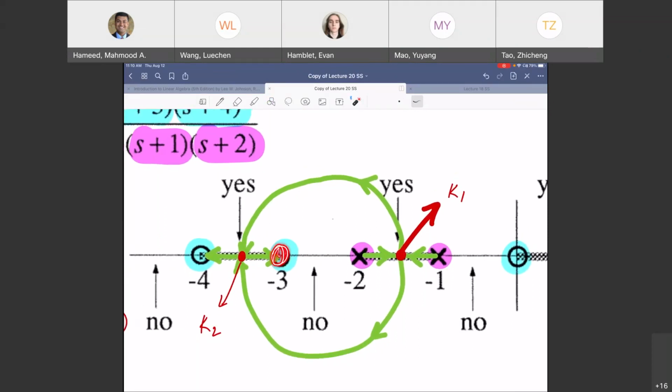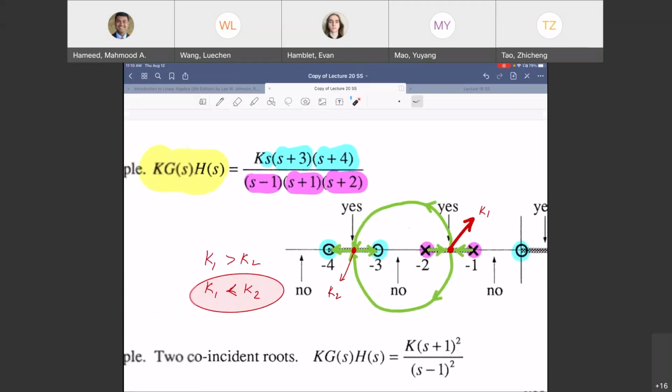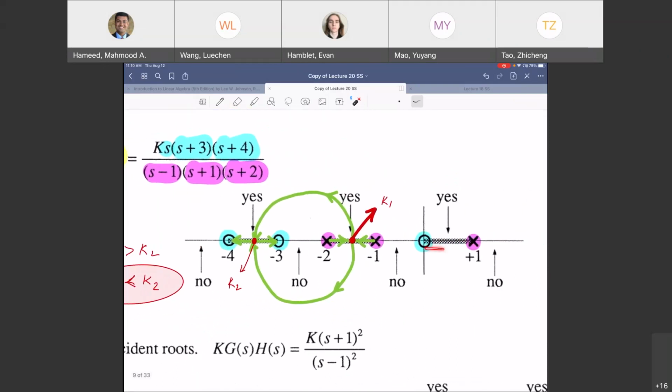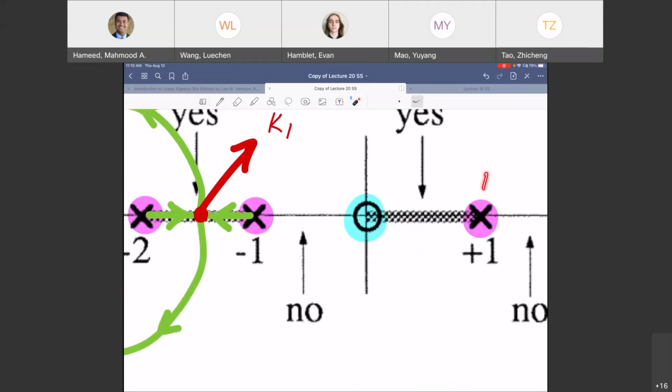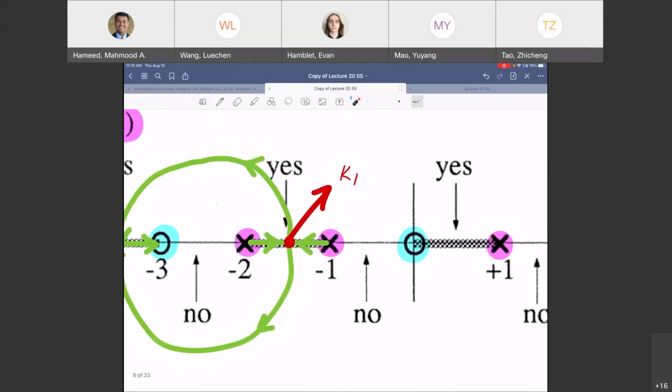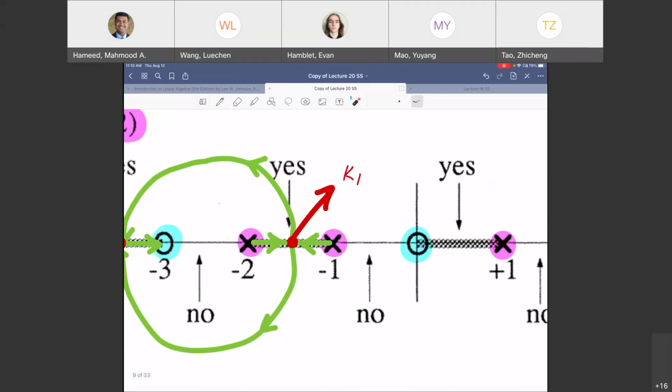Right here, k is 0. As you increase to infinity, k is infinity here. That guy is only moving this much, right?